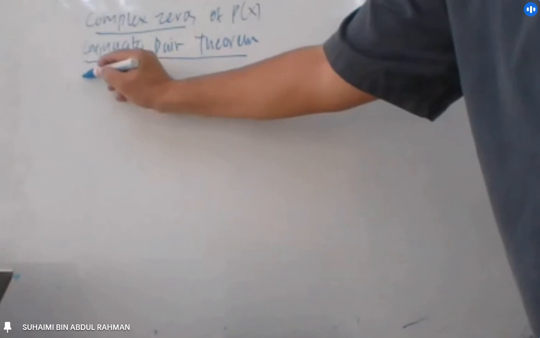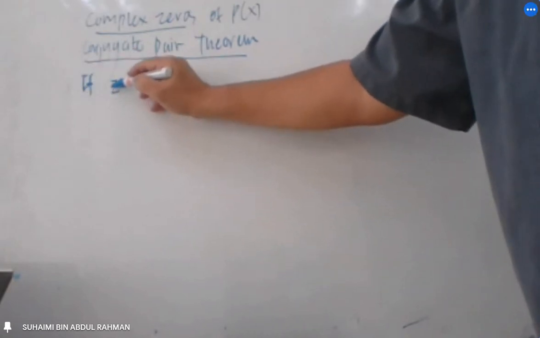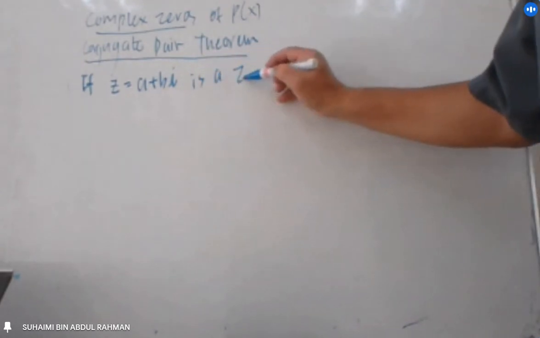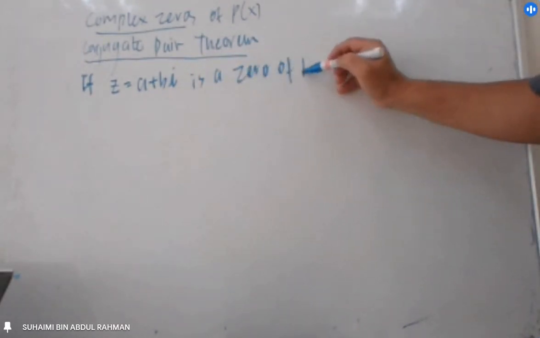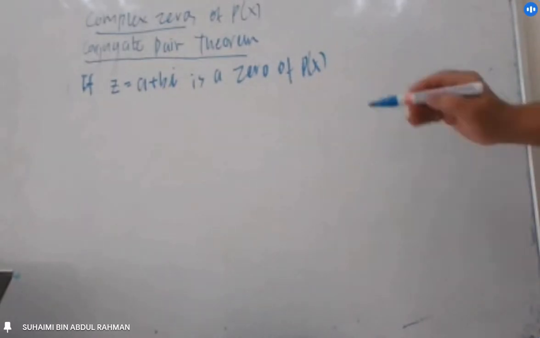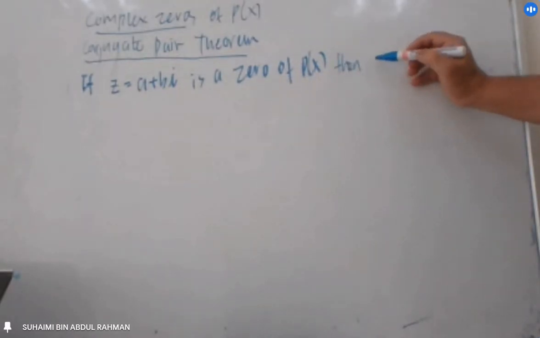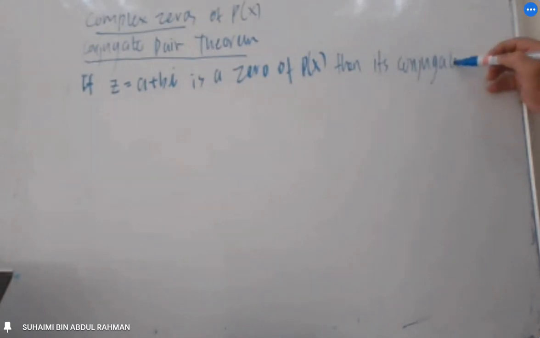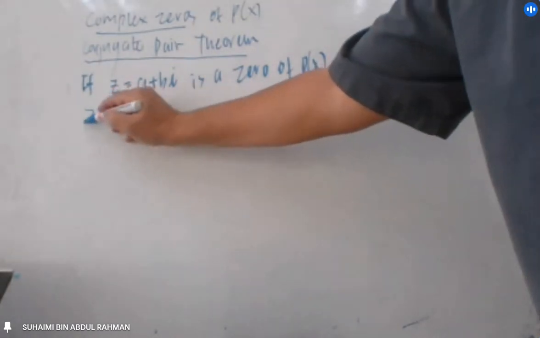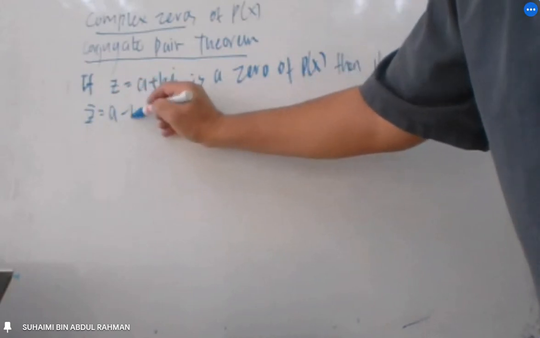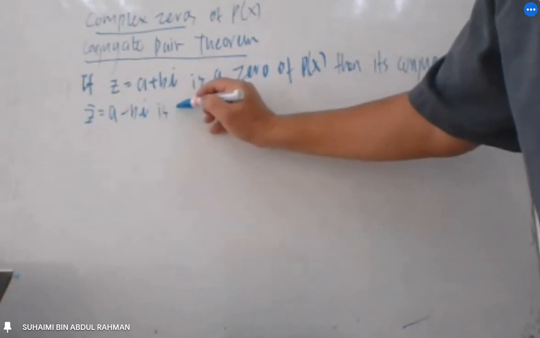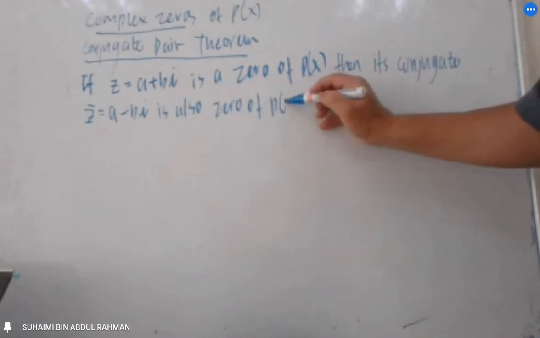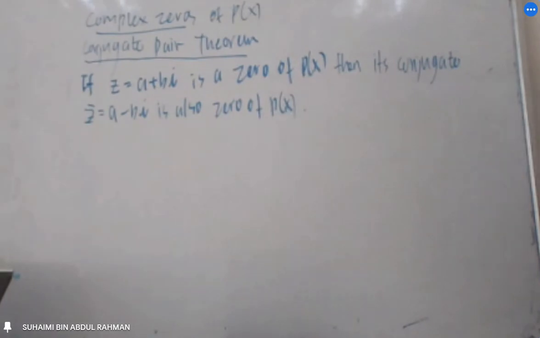The conjugate pair theorem says that if a complex number z, a plus bi, is a zero of polynomial p(x), then its conjugate, represented by z bar, a minus bi, is also a zero of polynomial p(x).